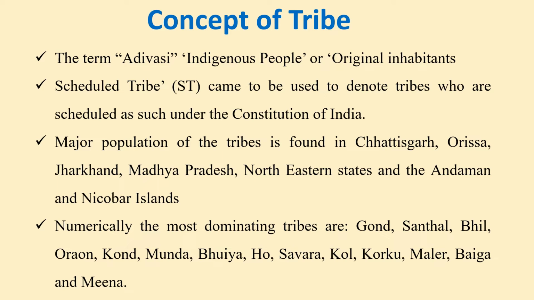We also could see the variation among the tribes in terms of the areas where they are living. Numerically, the most dominating tribes in India are Gond, Santal, Bhil, Oraon, Munda, Bhuya, Ho, Savara, Kol, Kurku, Malar, Baiga, and Meena.